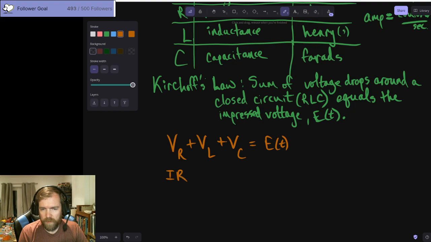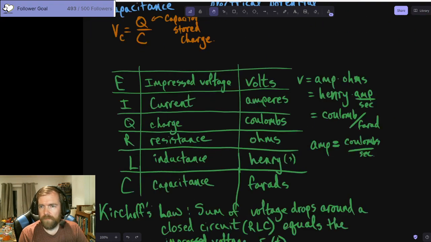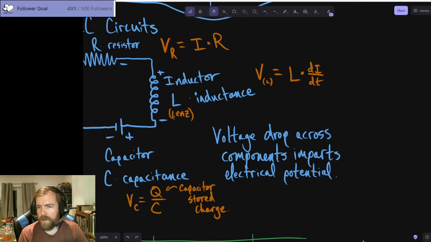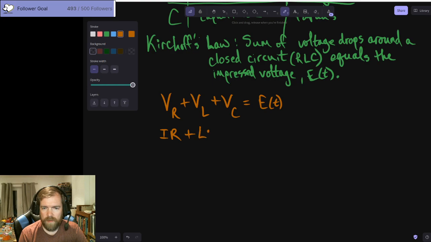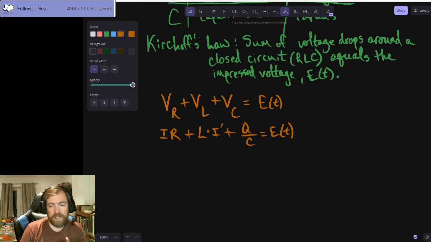If we go with what we had up above, we got IR plus L times I prime plus V sub C, which was Q over C, is equal to E of t. So this gets us our Kirchhoff's law.